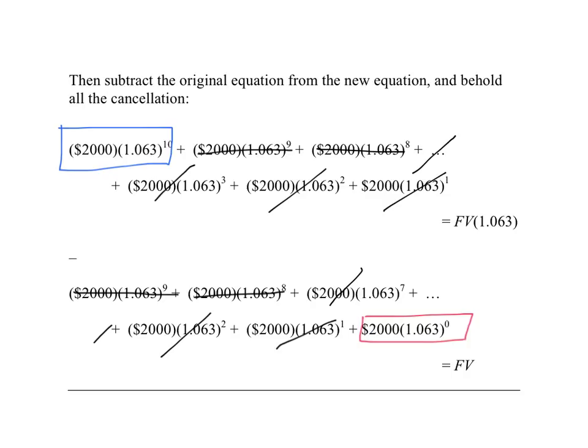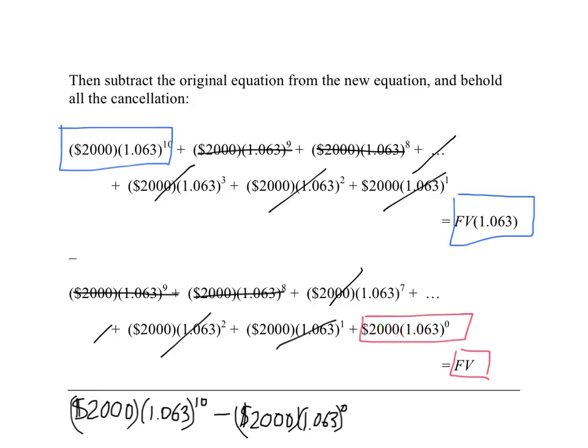On the right sides, there were no cancellations, so we still have the FV times 1.063 from the new equation, and the FV by itself from the old equation that's getting subtracted off. What we have at the end of the day is this $2,000 times 1.063 to the 10 minus this $2,000 times 1.063 to the 0 equals this FV times 1.063 minus that FV.